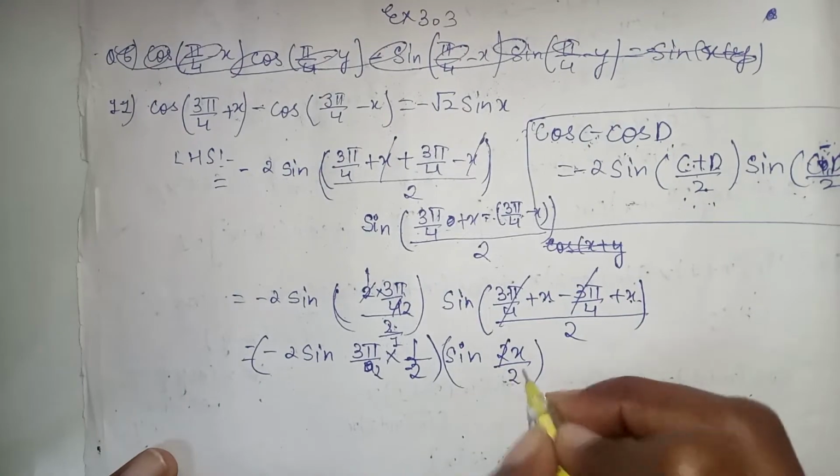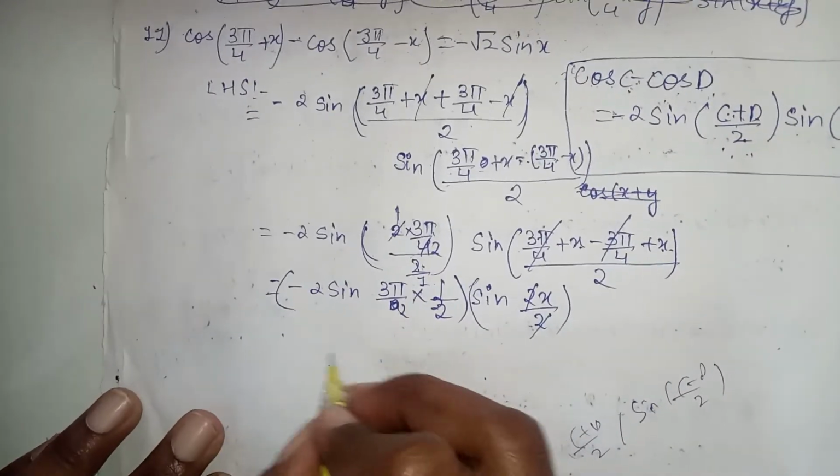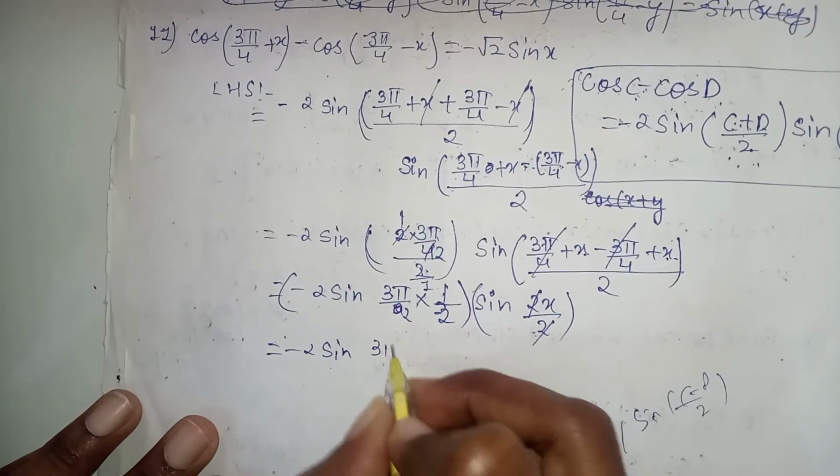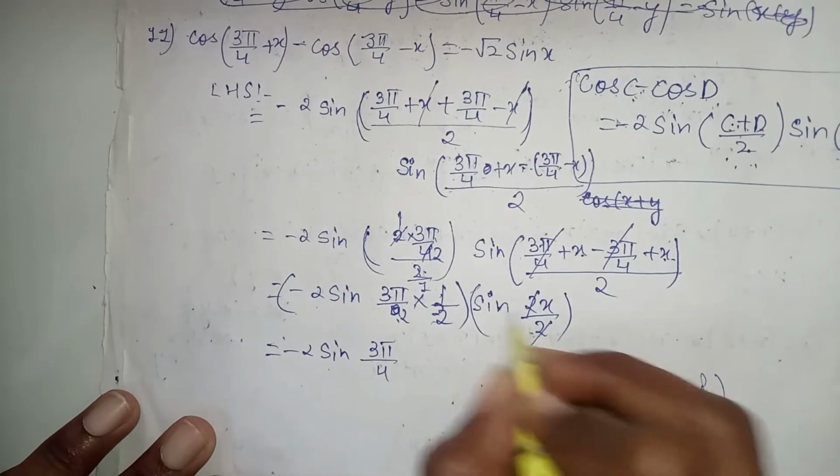The 2s get cancelled. So minus 2 sin(3π/4) into sin x.